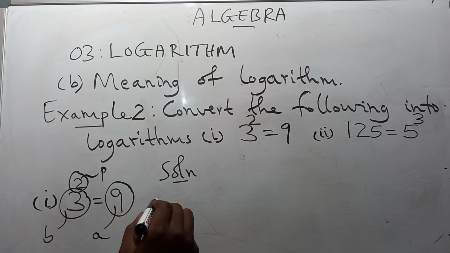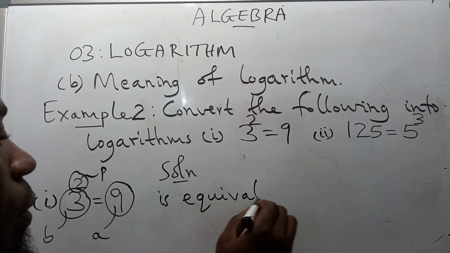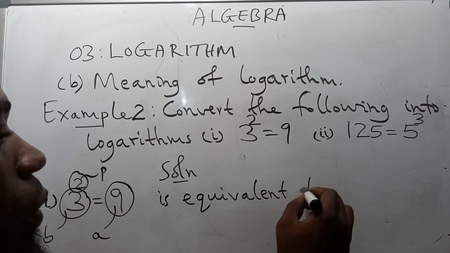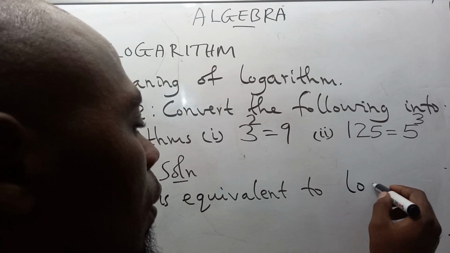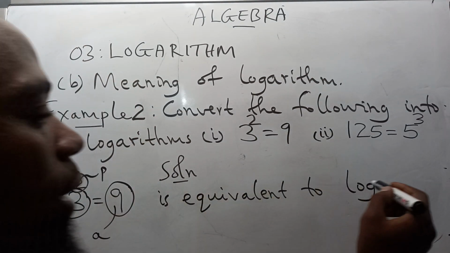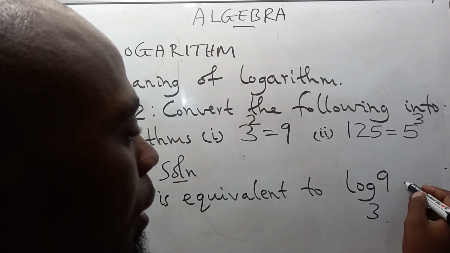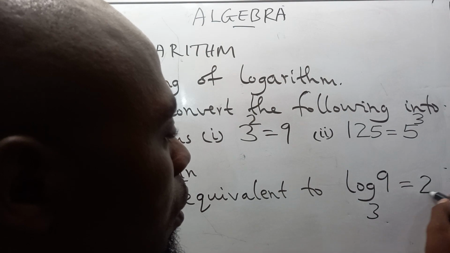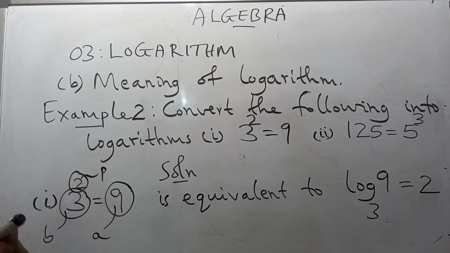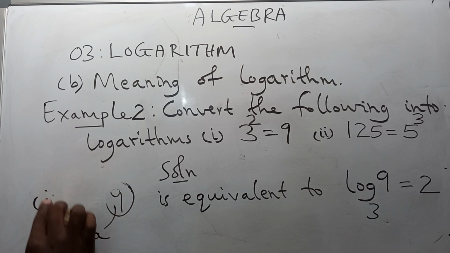So this exponent is equivalent to a logarithm: log of a given number, which is 9, to base 3 is equal to power, which is 2. Okay, let's look at Roman 2.